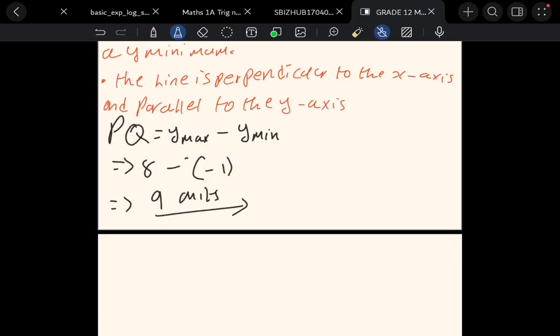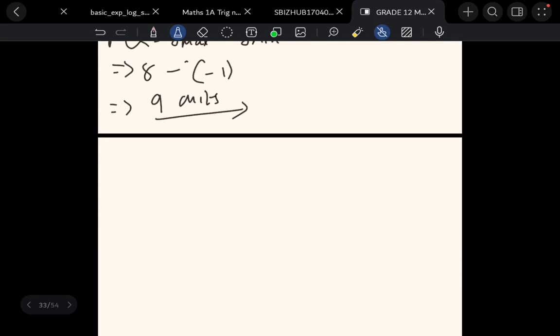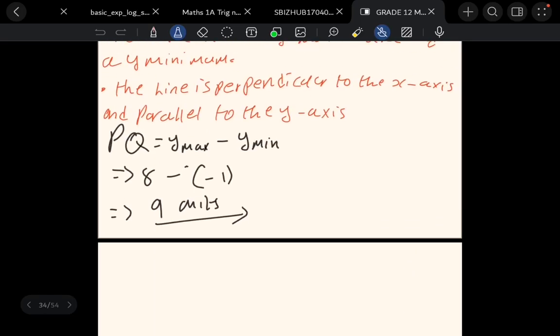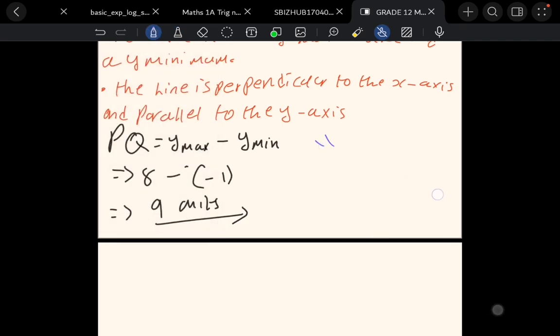Very easy. Now, both horizontal and vertical distances, we call them 1D distances.